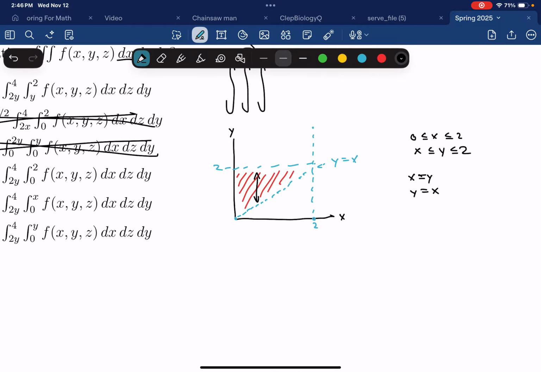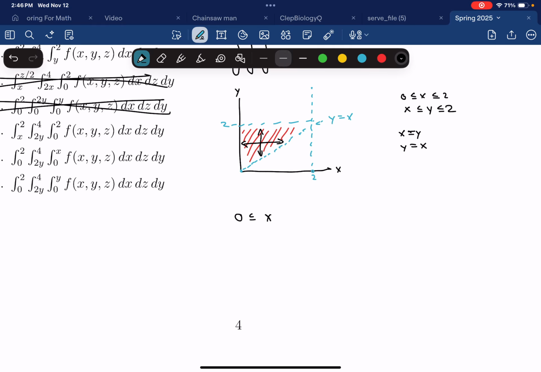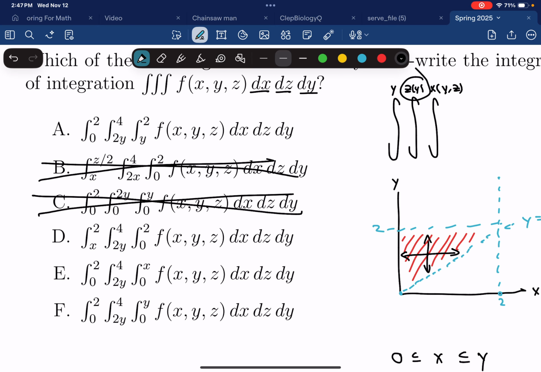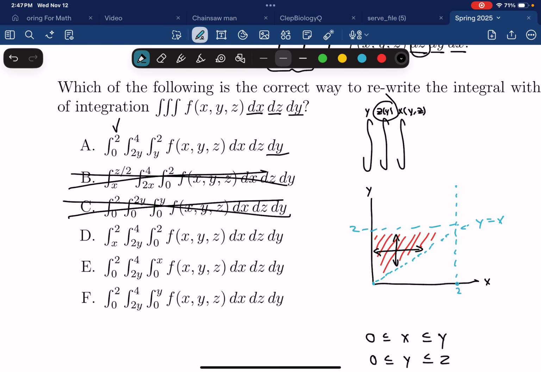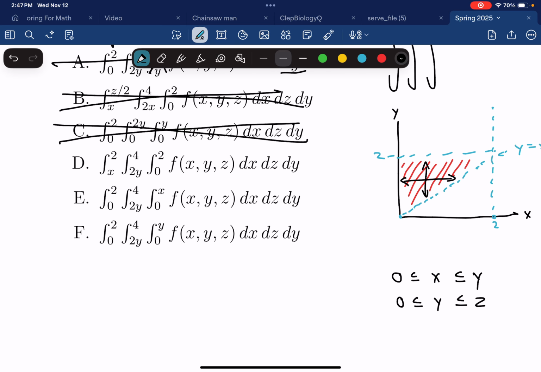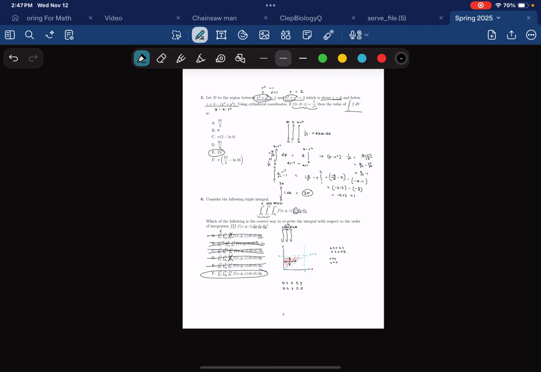So if we rewrite it now, going like this instead, the new x bounds will be from 0 to y, and y will simply be from 0 to 2. So let's see which ones follow that. Our y goes from 0 to 2, but our x bounds go from 0 to y. Can't be A. For D, it goes from 0 to 2 here. Can't be that. 0 to x, definitely not that. So the only answer can be F.